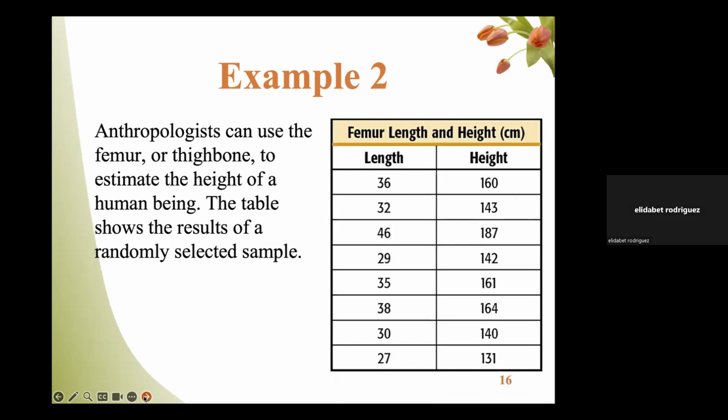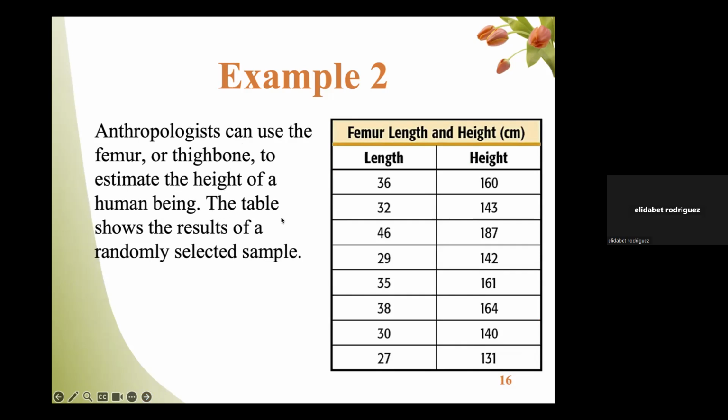Okay, this is example 2. I'm going to start everything from the beginning. It says anthropologists can use the femur or thigh bone to estimate the height of a human being.